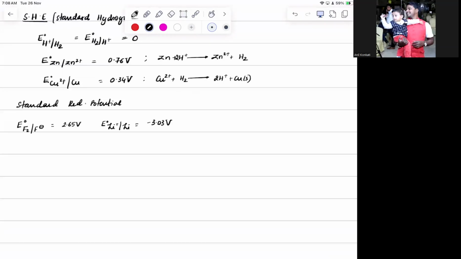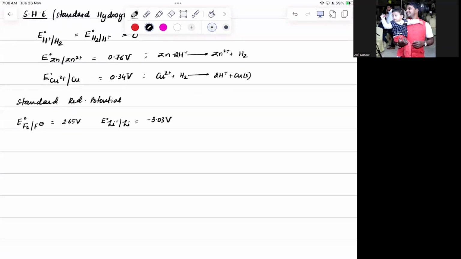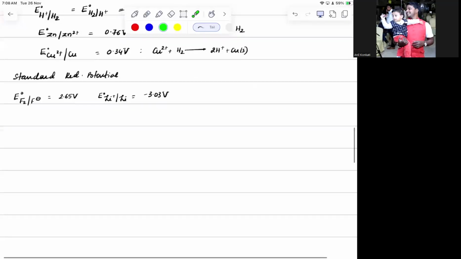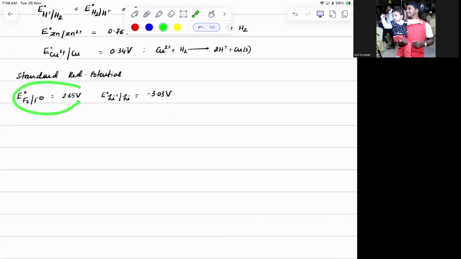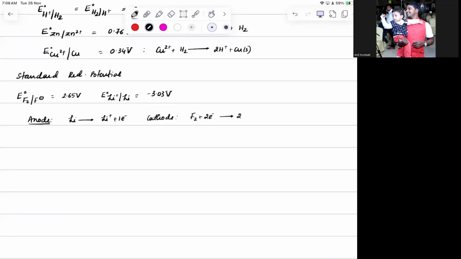So if I want to construct the best cell possible, whether it is feasible or not, theoretically, then you make fluorine get reduced and lithium get oxidized. The anode reaction is lithium changing to Li+ plus 1 electron, while the cathode reaction is F2 plus 2 electrons giving 2F minus.